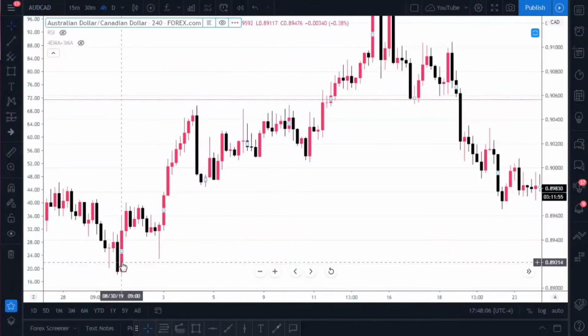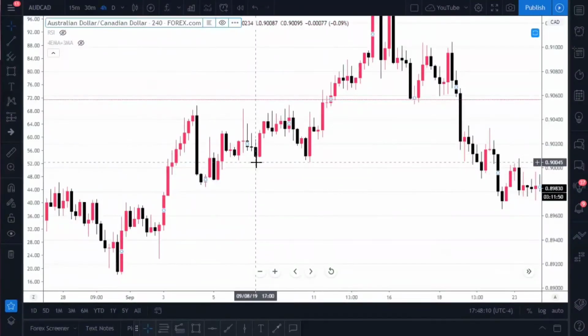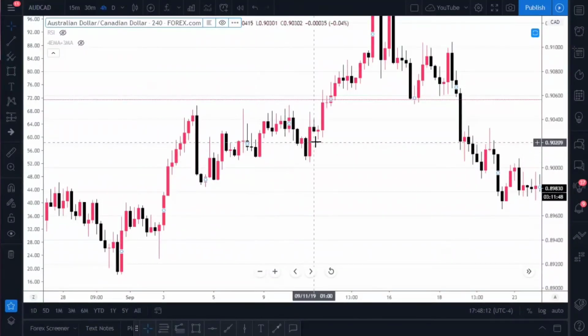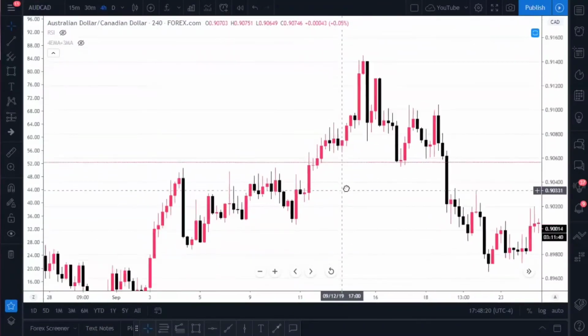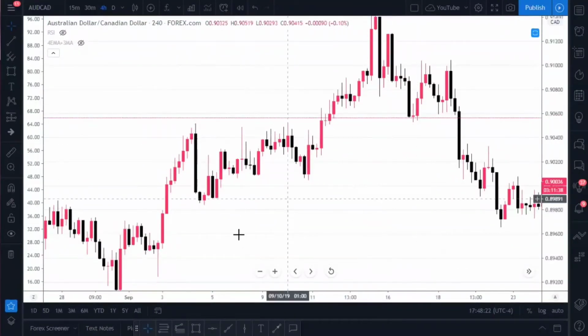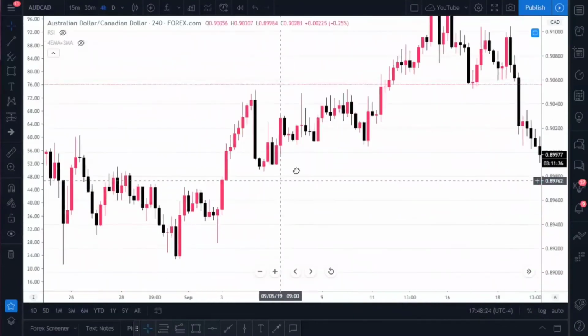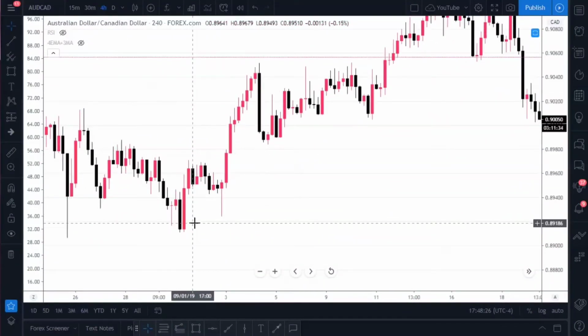So we found sell followed by bigger buy, and then again, sell followed by bigger buy. Each time we found a sell candle followed by a bigger buy candle, it gave us an indication that this trend wanted to continue.